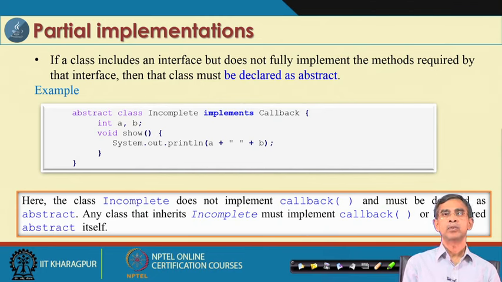That means no objects can be created for this class until you override all the methods which are there in the interface. So, you have to override all the methods so that you can create an object or complete the implementation of an interface in a class.